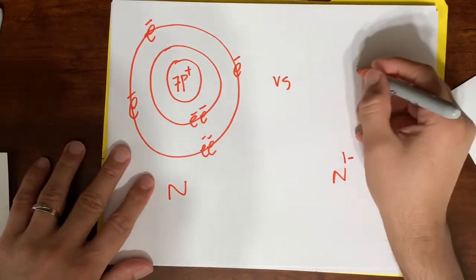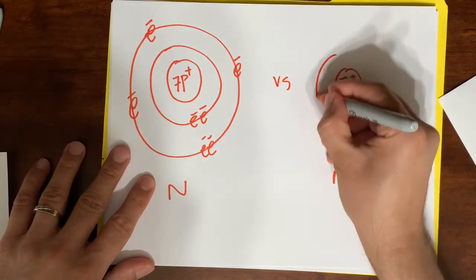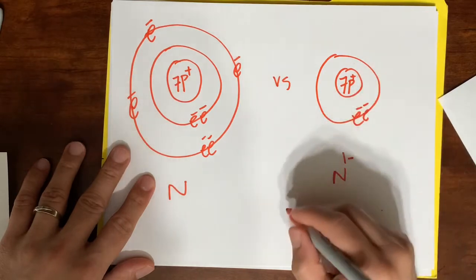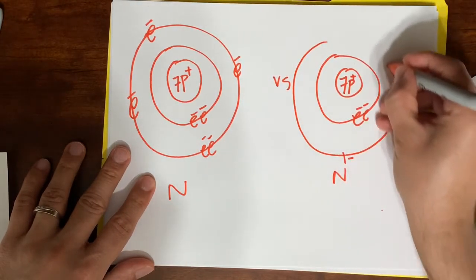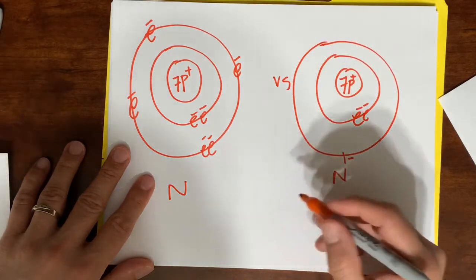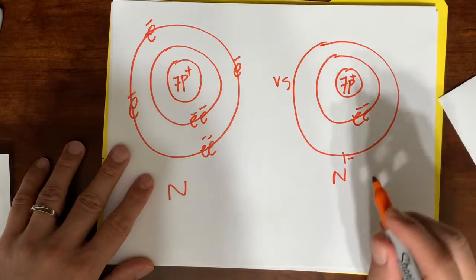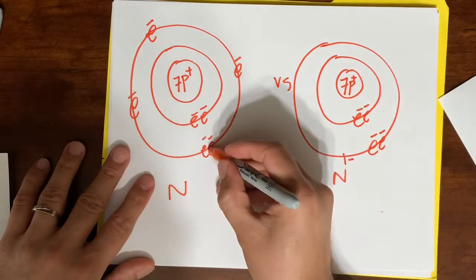You have a nucleus, still 7 protons. n1, you have 2 electrons in it, 1s2. Then we'll have 2s2, 2p4. We are adding 1 electron to it. So I go here, same electrons.